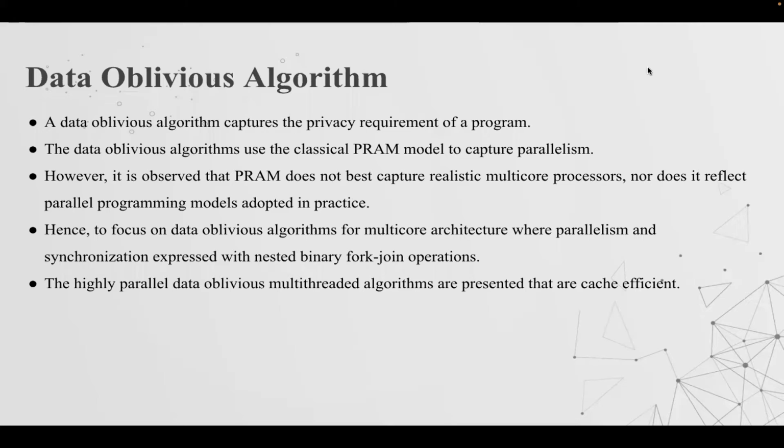However, it has been observed that PRAM does not capture realistic multicore processors, nor does it reflect the parallel programming models adopted in practice. Hence, this paper presents a data-oblivious algorithm for multicore architecture, where parallelism and synchronization are expressed. This algorithm is also cache efficient. We will see what cache efficiency is in upcoming slides.